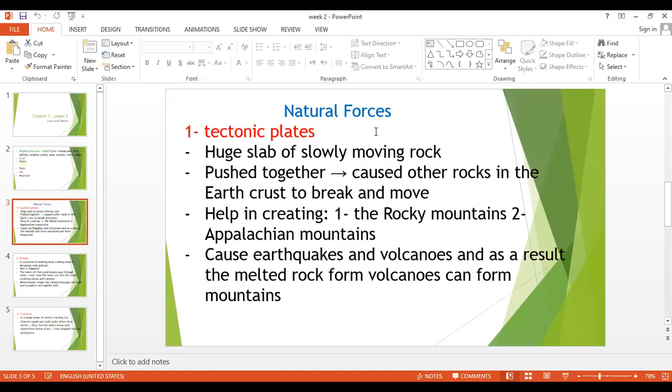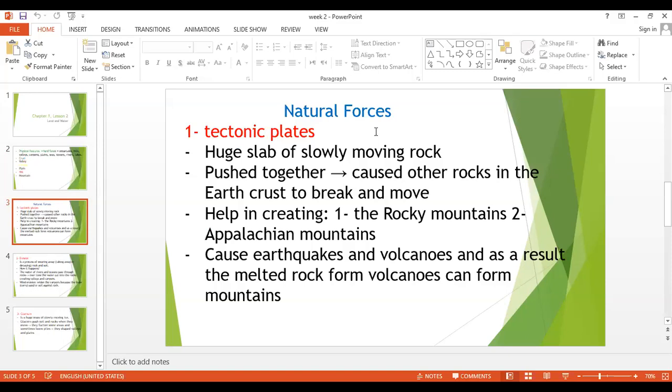Okay, so the earth was like a huge land, and then some process happened. When these natural forces happened, this land was divided into the 7 continents we have.